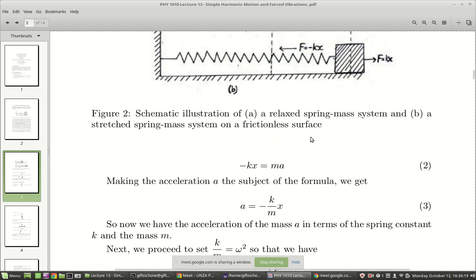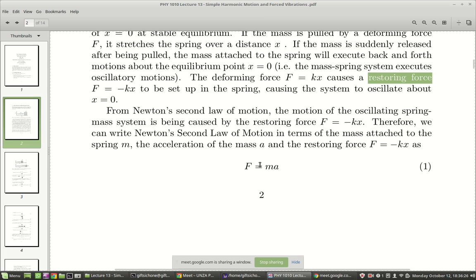So in this case, instead of F, we're going to replace F with minus kx. We end up having minus kx is equal to m, the mass, times a, the acceleration.